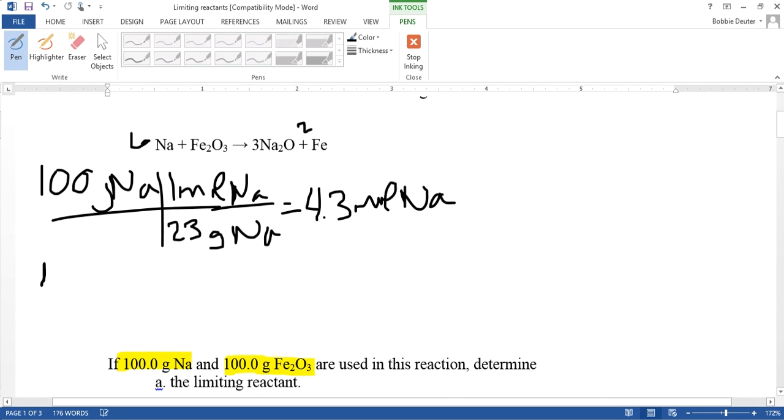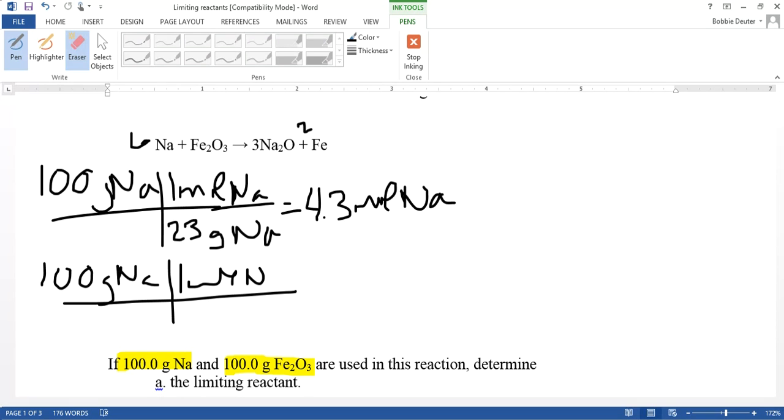And let's do the same thing with our iron oxide. 1 mole of Fe2O3. Again, all I'm doing is converting this into moles.